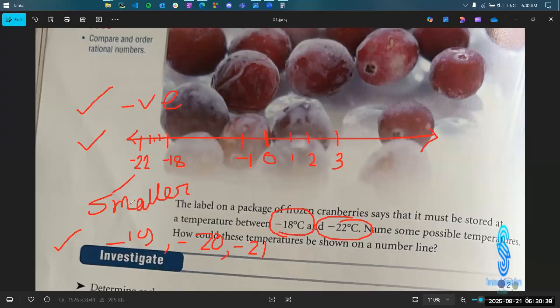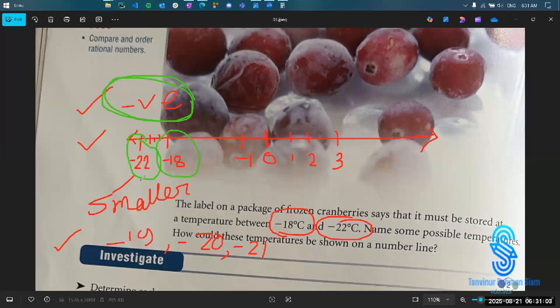First of all, both of the numbers are negative numbers. The second point was, which is the smallest number? -22.